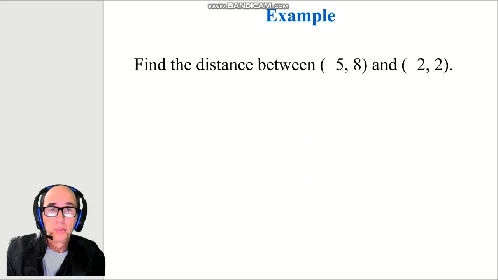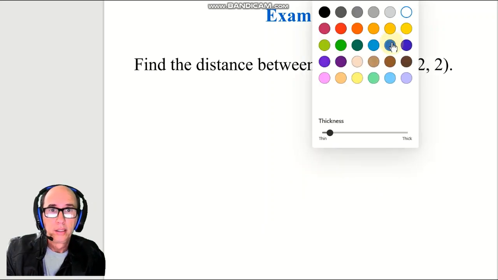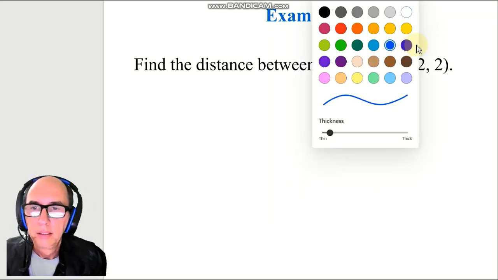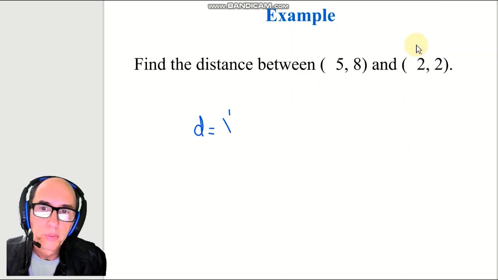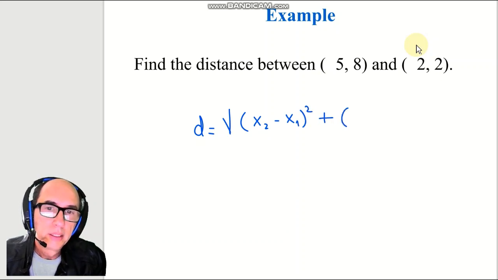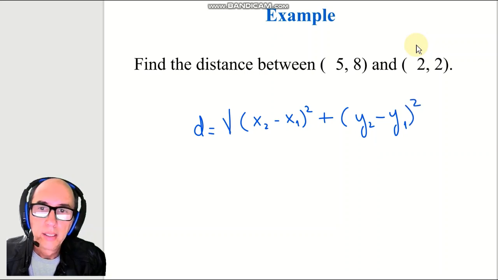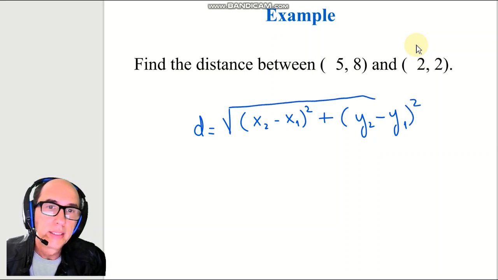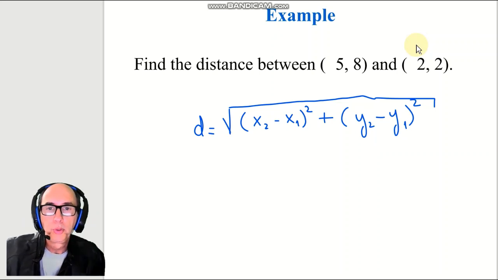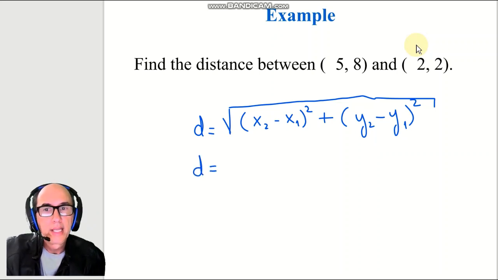The formula will be d equals square root of (x2 minus x1) squared plus (y2 minus y1) squared. This is the distance formula. If you just plug in, you will have the same results.